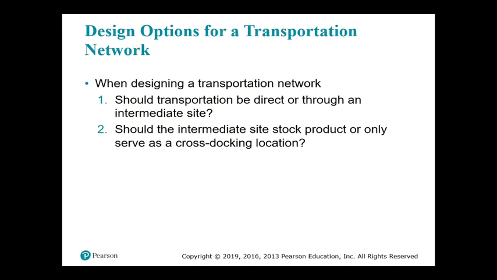And for these intermediate nodes, what property do they have? Is it a storage facility, a production or assembly facility, or just a cross-docking facility? Cross-docking means that the product immediately flows through without being warehoused in a facility.